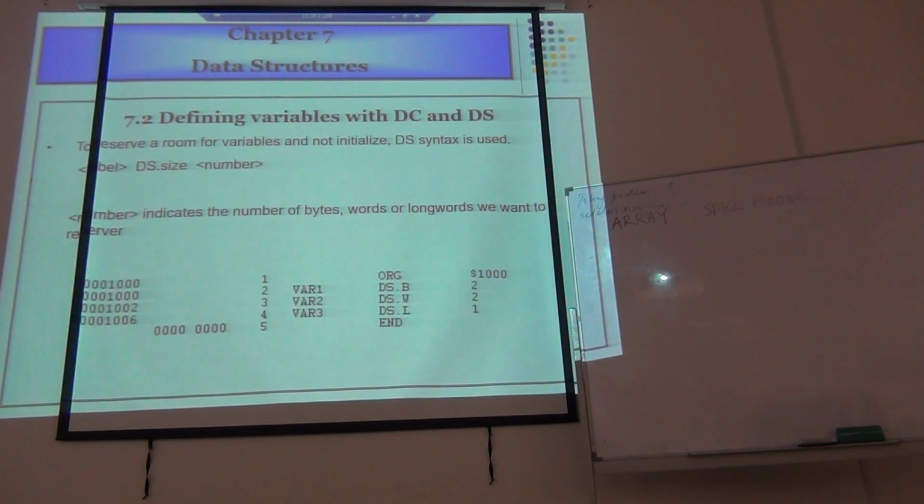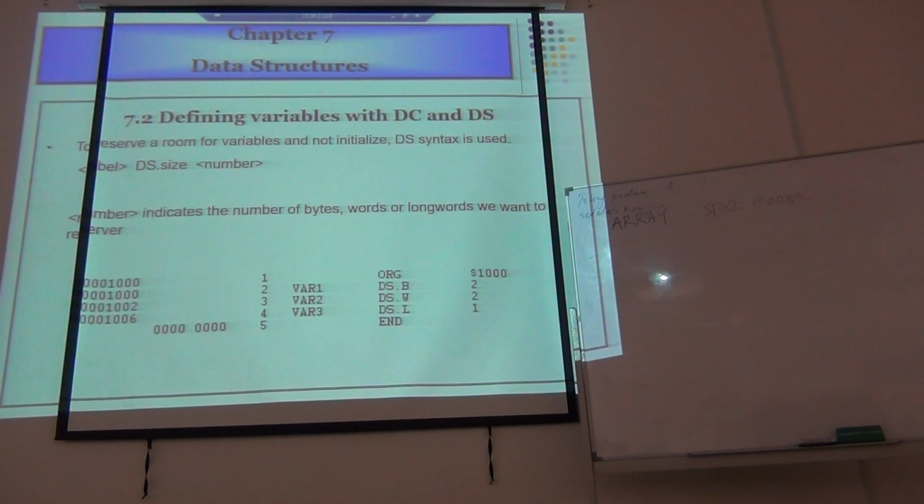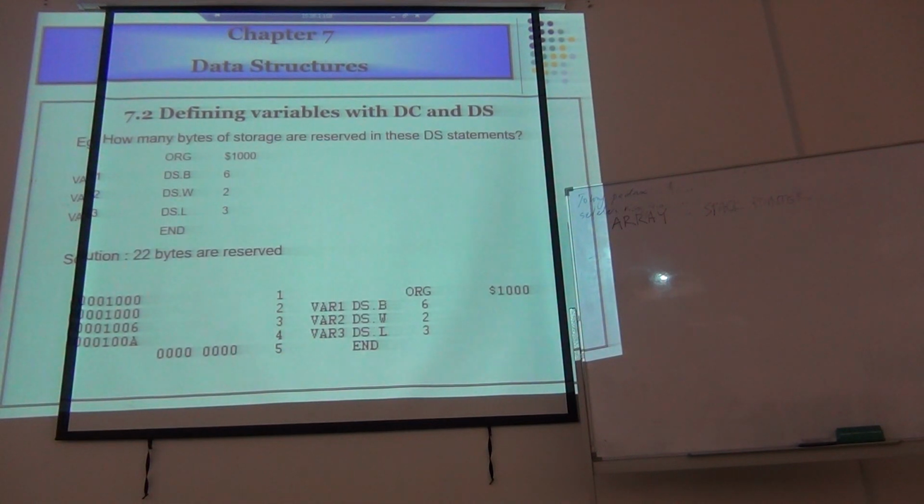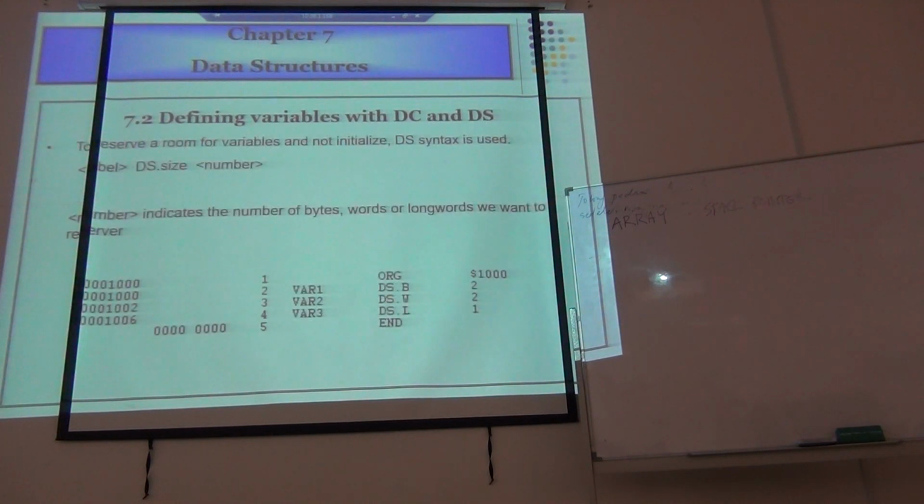Next one, define storage, ds dot something. I did not touch this one in the beginning, but it is in this chapter and I did not put it in the first text. So ds is another syntax, define storage. There are three syntaxes just now. The first one is EQU, equate.